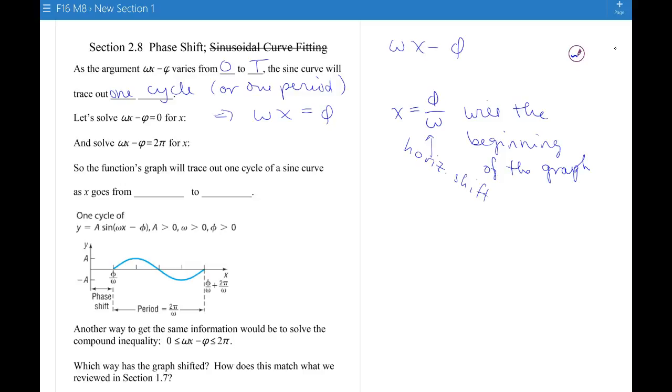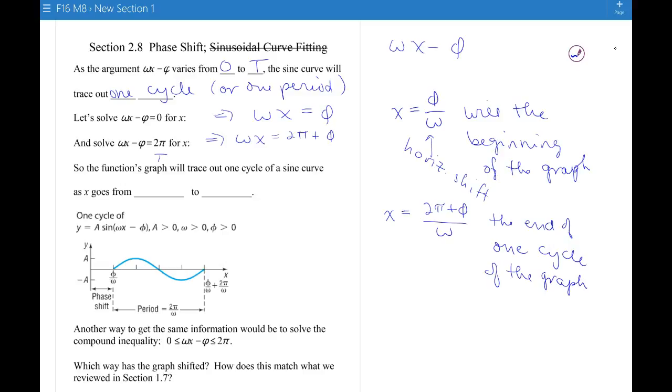And then if we solve omega x minus phi equals 2 pi, which is the basic period, we'll see that omega x equals 2 pi plus phi. So we get x equals 2 pi plus phi over omega, this will be the end of one cycle of the graph.